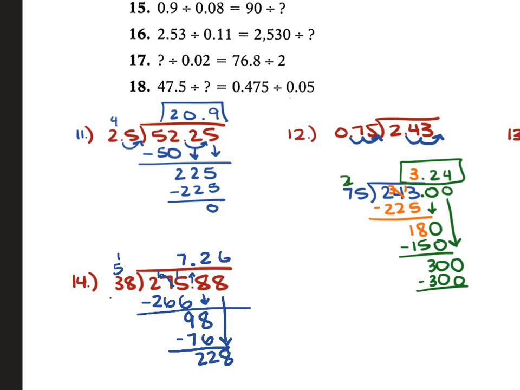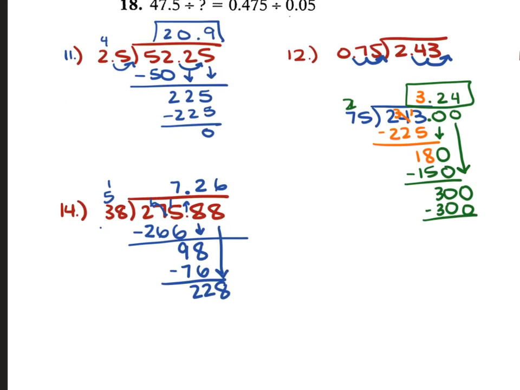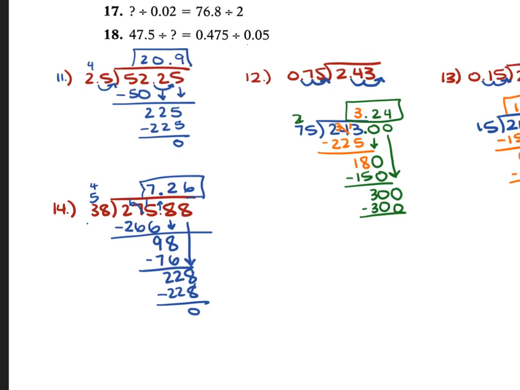So I'm going to use that and see what I get from that. So 6 times 8 is 48. 6 times 3 is 18 plus 4 is 22. So that gives me a remainder of 0. 38 goes into 275.88, 7.26 times.